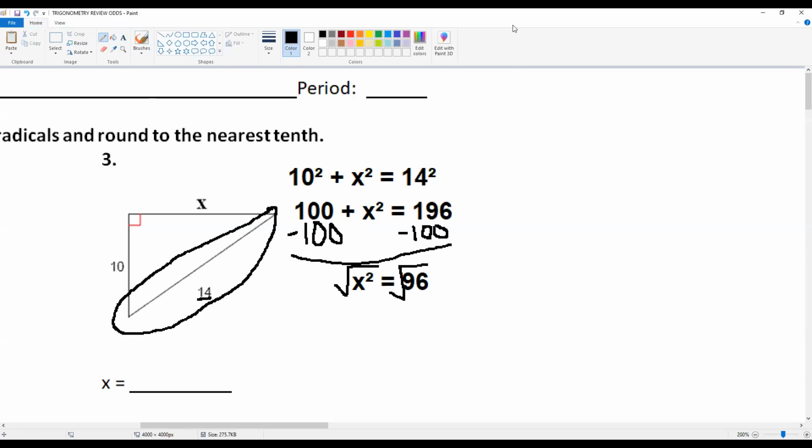Now hang on, I'm going to try something a little different here. So I have a calculator that I downloaded, and I like it.